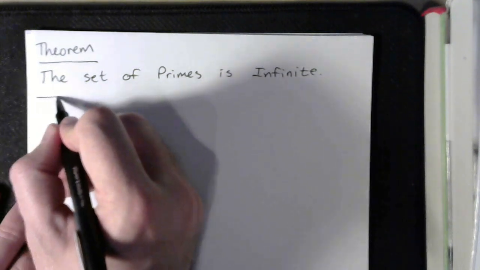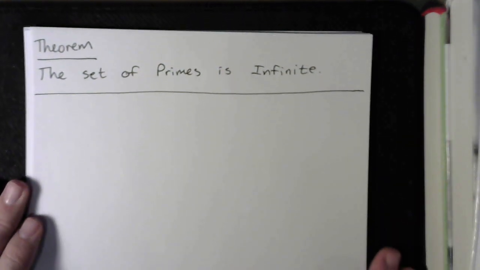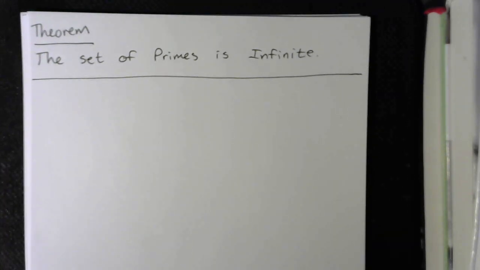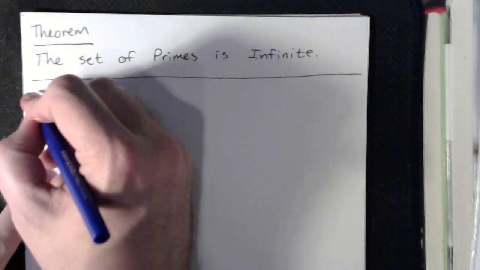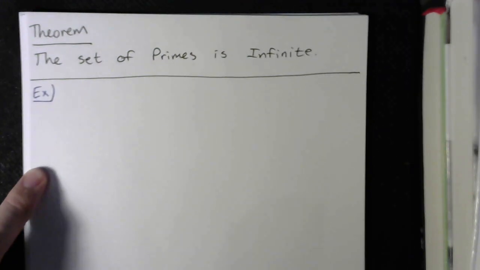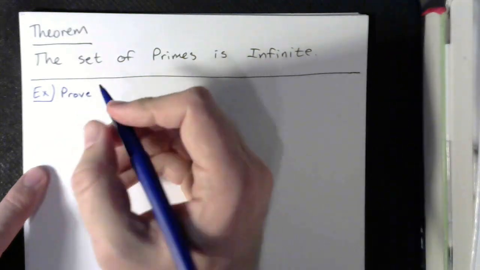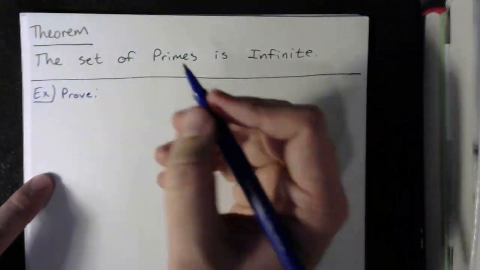Now we're not going to prove this just yet, because as it turns out, this proof requires the proof of another proposition first. So this is going to be a little example so you can see, not a new technique, but a new way of proving or thinking about proving things, especially with primes and divisibility.